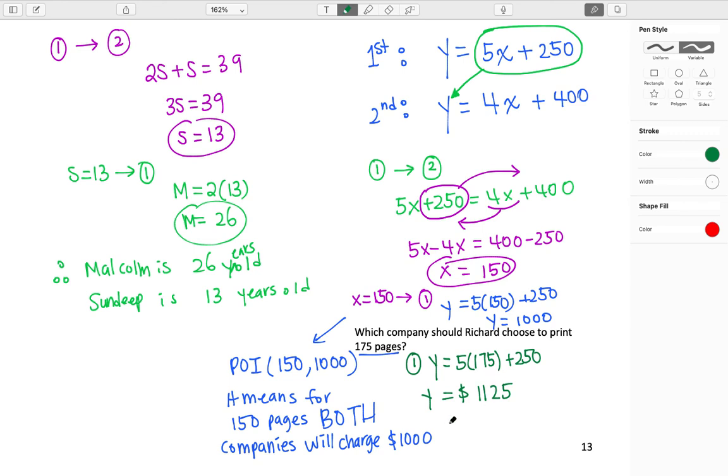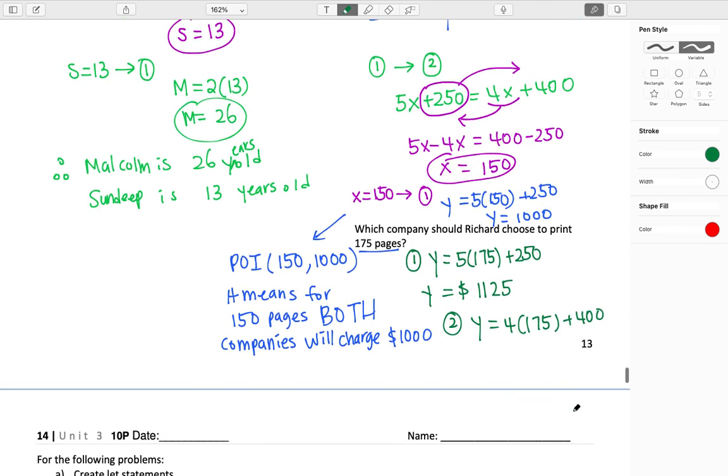But what about company 2? Y is equal to 4 times 175 plus 400. And therefore, you get $1,100. So clearly, company 2 is way cheaper, right?